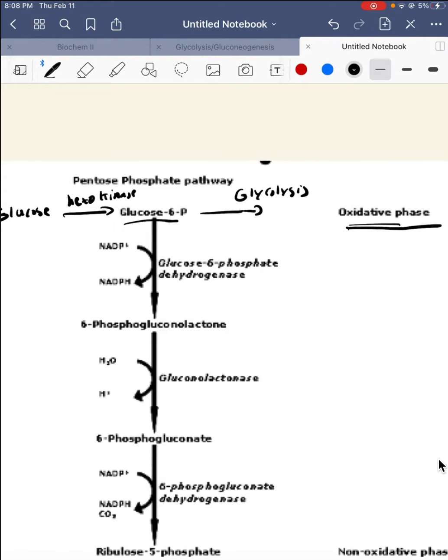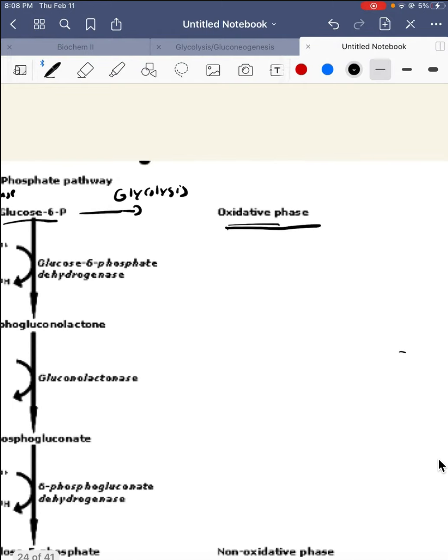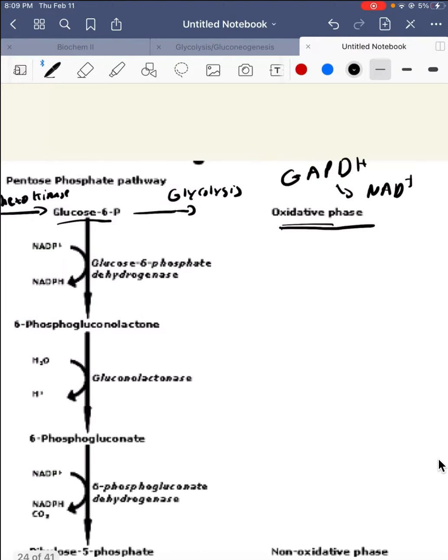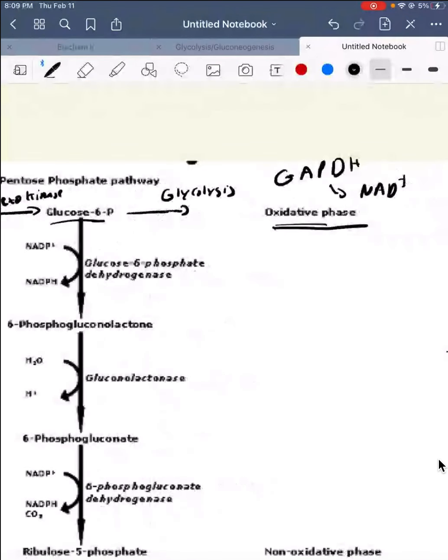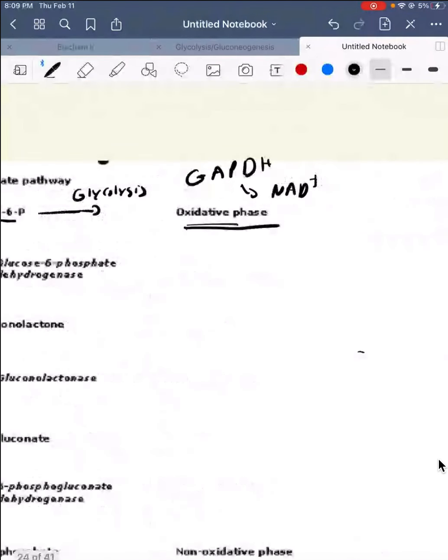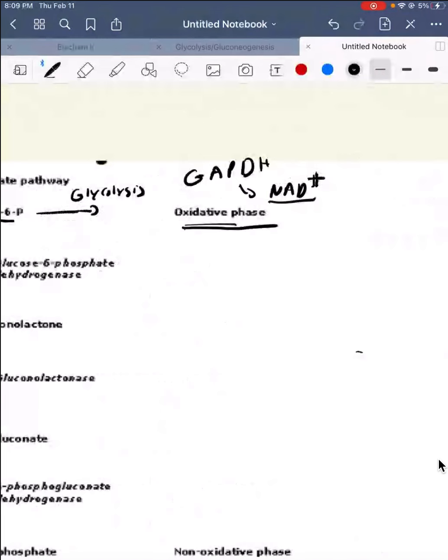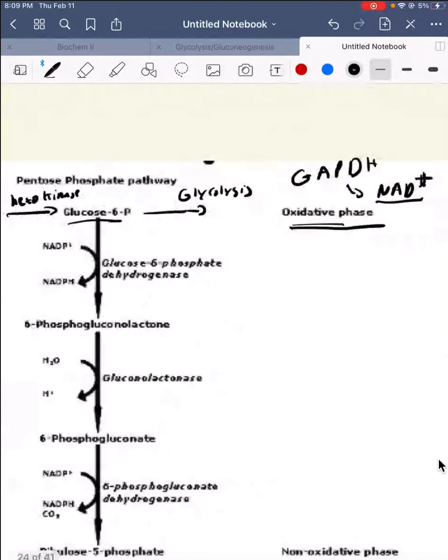What ends up happening is we have the enzyme GAPDH, right after you split and you get GAP, and this uses NAD plus. So if we just keep running glucose to glucose 6 phosphate and then run glycolysis, the glucose doesn't end up being the limiting reagent. It actually ends up being NAD plus. So we can't just keep sending glucose into glycolysis because then we'll just be wasting carbons.